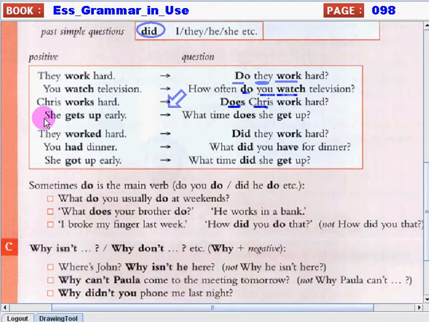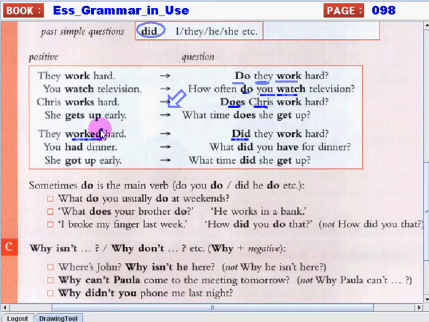Next, she gets up early. What time does she get up? Next, they worked hard. Did they work hard? Our question is in past simple because our positive sentence here is in past simple too, right?